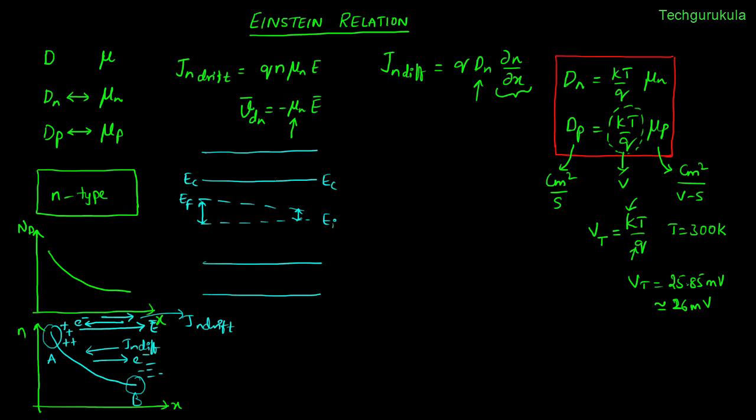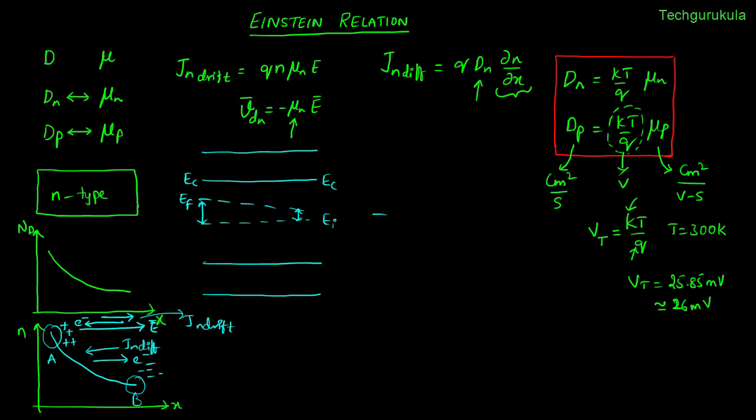Before we do that, let us see how this energy band diagram would get modified once it reaches equilibrium. Now this band diagram would get modified in such a way that the Fermi energy level throughout the semiconductor should be constant, because we are saying there is no net current flow through this n-type semiconductor, in which case EF will be constant.